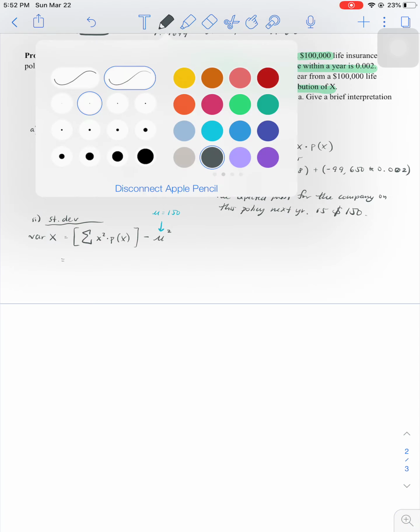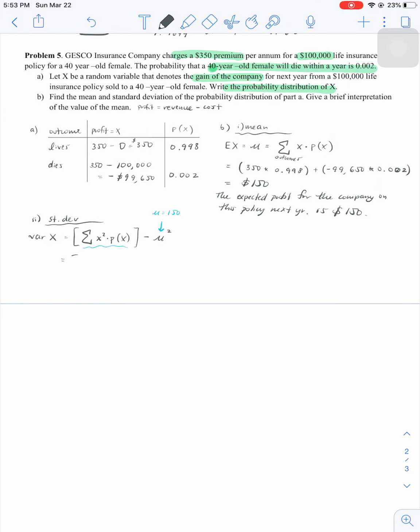Next, we just plug in the first part. So this first part equals, let's see, 350 squared times 0.998 plus 99,650 squared. I'm dropping the negative there because I know that when I square a negative number, it'll be positive anyways. Times 0.002 minus the mean squared, so minus 150 squared.